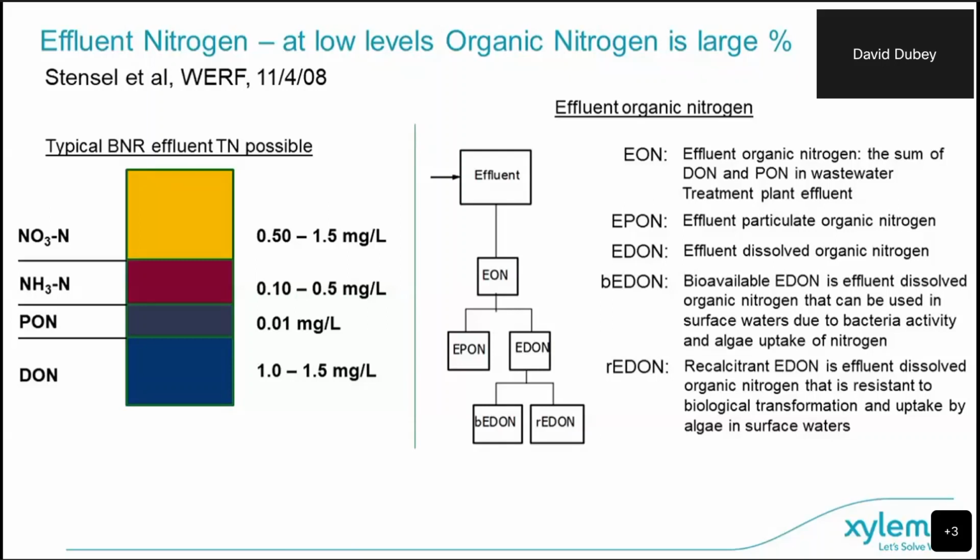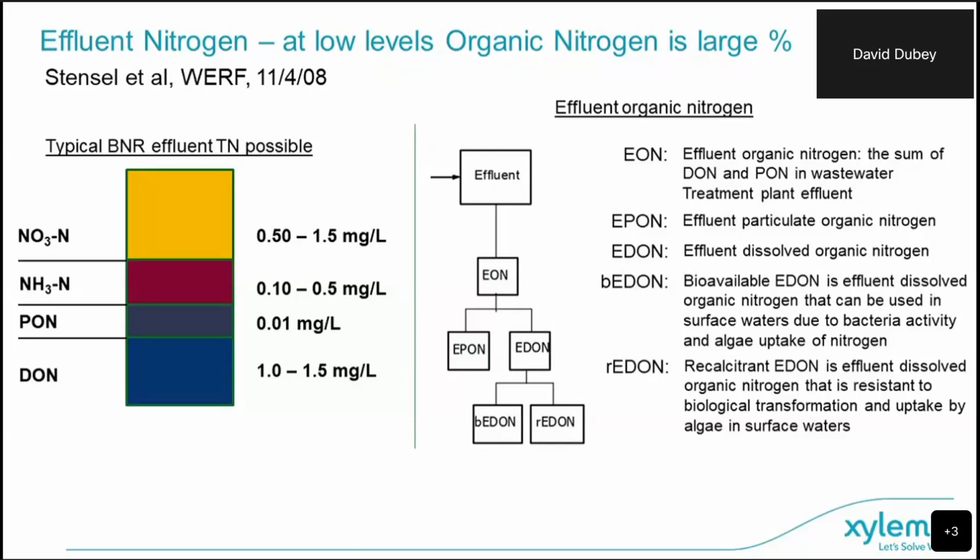The dissolved organic nitrogen is really two different available forms. One is the bioavailable type of organic nitrogen. So that means something that when this goes to the river, the organisms in the river can use that nitrogen. The recalcitrant effluent dissolved organic nitrogen is a nitrogen that's tied up chemically so that it's not available biologically.